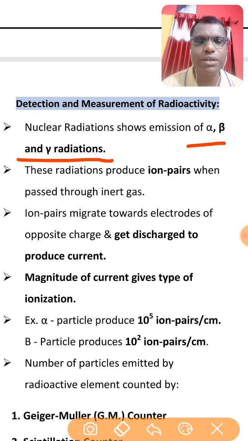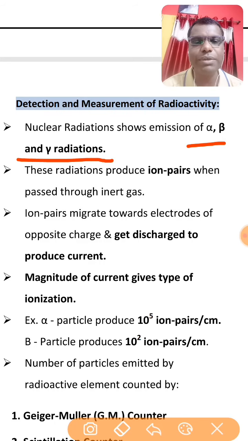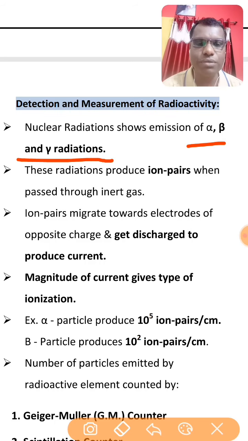The magnitude of this current gives the extent of ionization, and this will be helpful to identify the type of radiations emitted by any radio element. If the number of radiations is more, ionization will be more, and there will be more current in terms of magnitude.